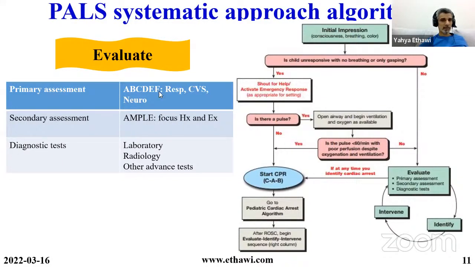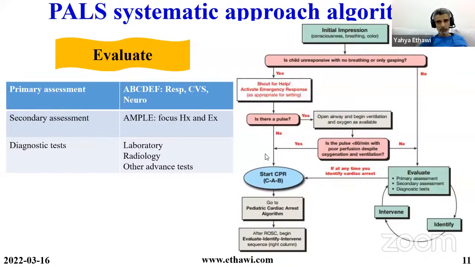In the primary assessment, we do A, B, C, D, E, and F. These include the respiratory, cardiovascular, and neurological systems. In the secondary assessment, we do AMPLE, and we will speak about what AMPLE means, but it is a focused history and focused examination. In diagnostic tests, we do laboratory, radiology, and we might ask for advanced tests.